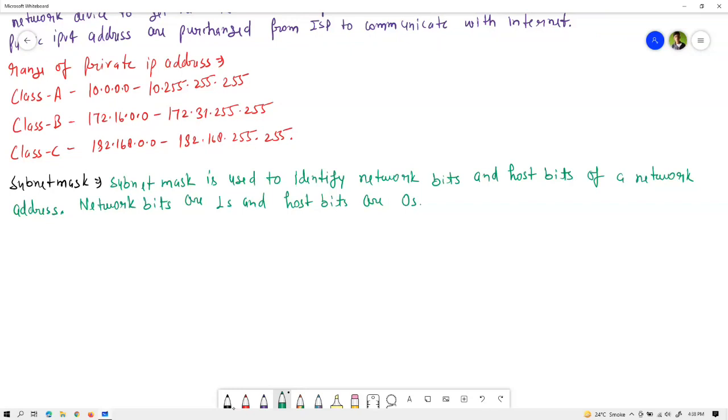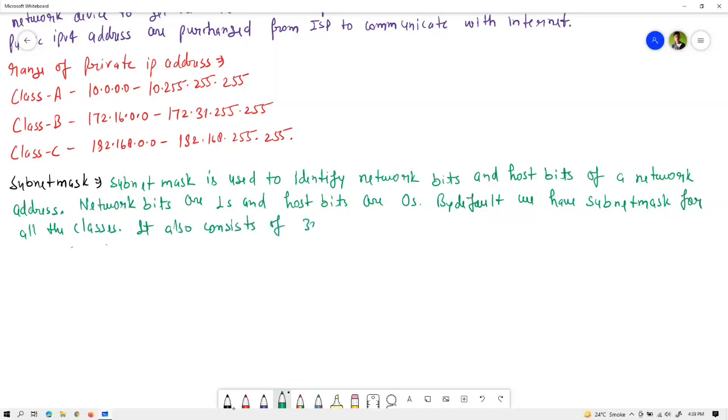By default, for all these classes, we have a subnet mask. Like for class A, see, the subnet mask also consists of 32 bits.